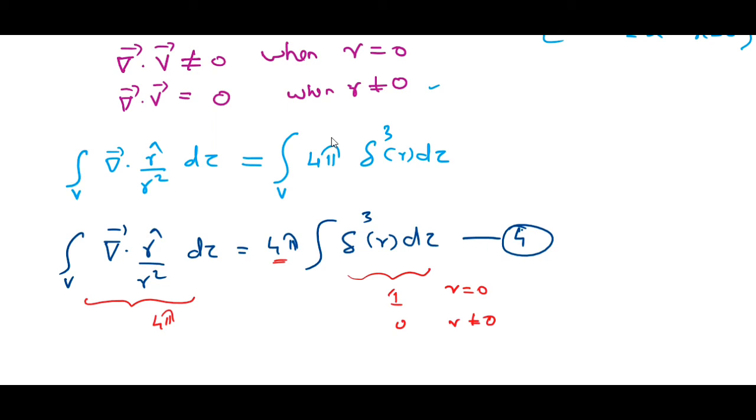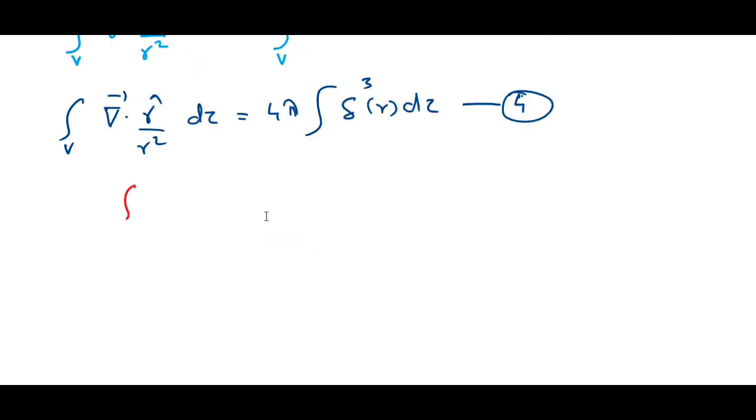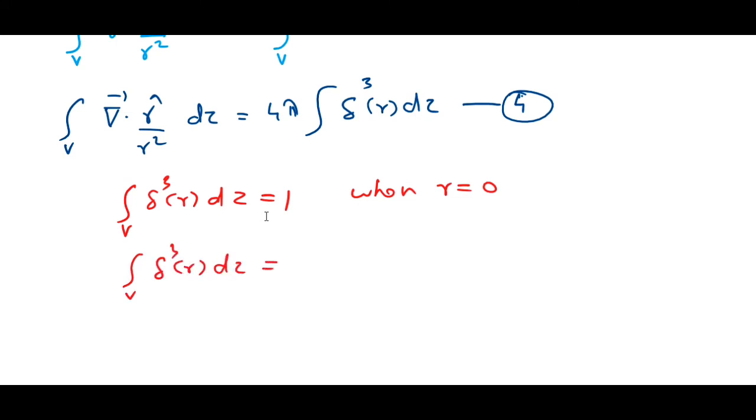That is the next case that we are going to write. You can write the volume integral of delta cube r d tau is equal to 1 when r is equal to 0, and the volume integral of delta cube r d tau is equal to 0 when r is not equal to 0.